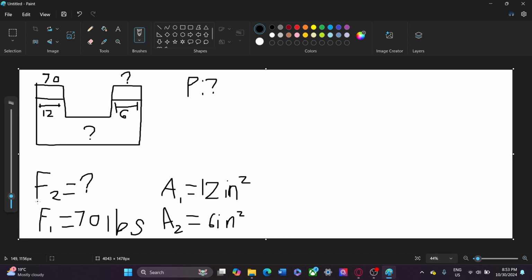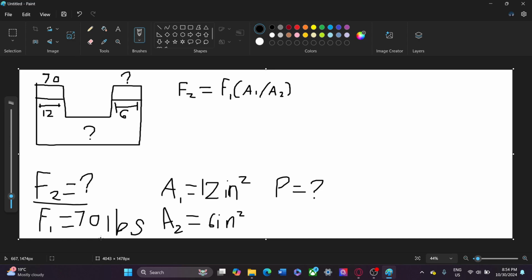So first we have to calculate F2. So we know that F2 equals F1 bracket A1 divided by A2, right?